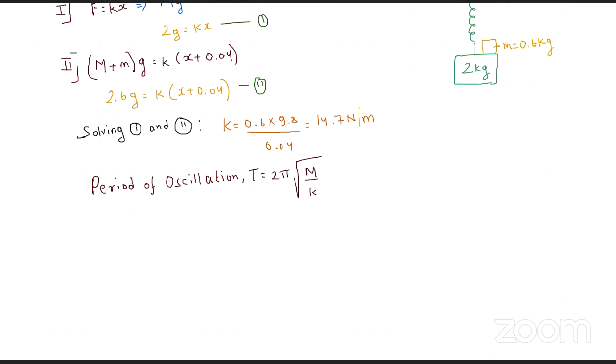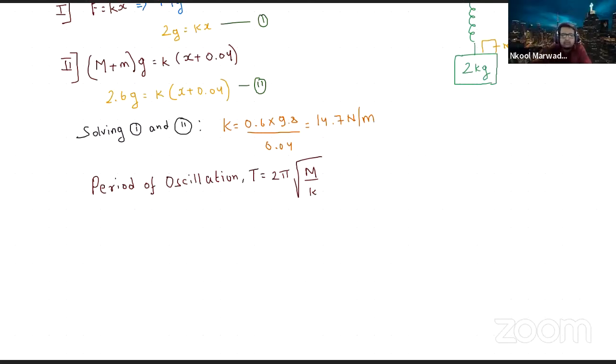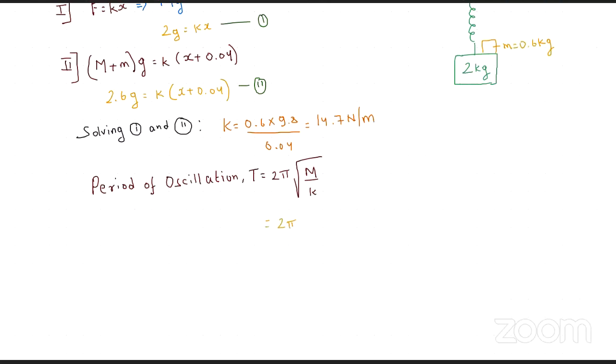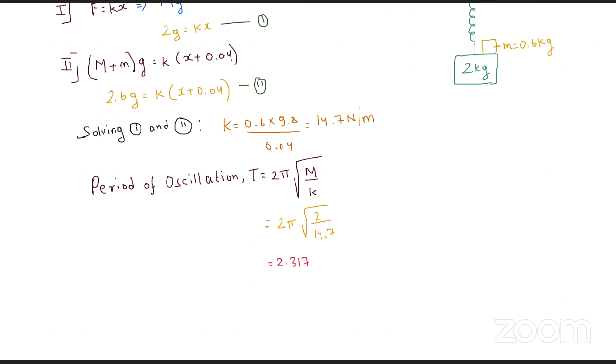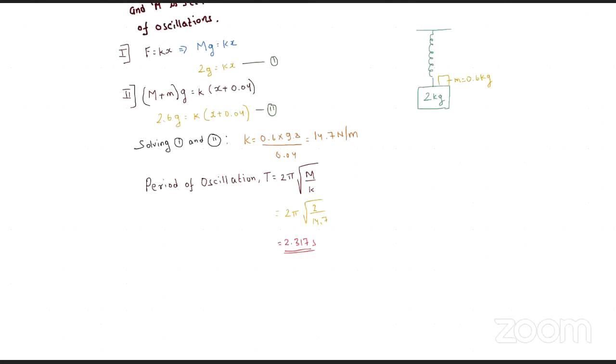So the only mass we will have is the capital M. If we substitute values, we will get 2 pi under root of 2 by 14.7. So we get 2.317 seconds. It is the answer. Just a second, I'll write it down.